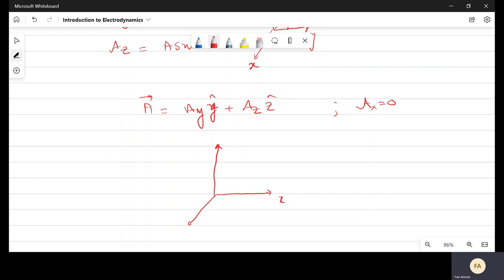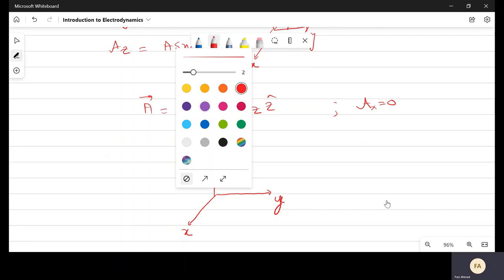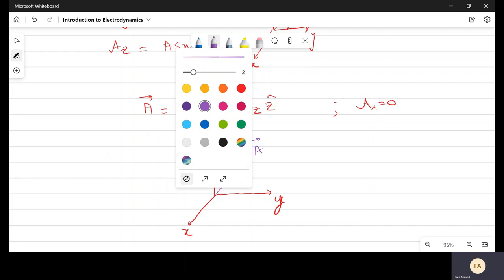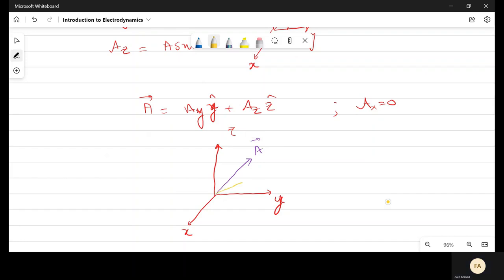This is the old frame, x, y, z, and the vector is still there. The new frame is this: y prime and z prime.